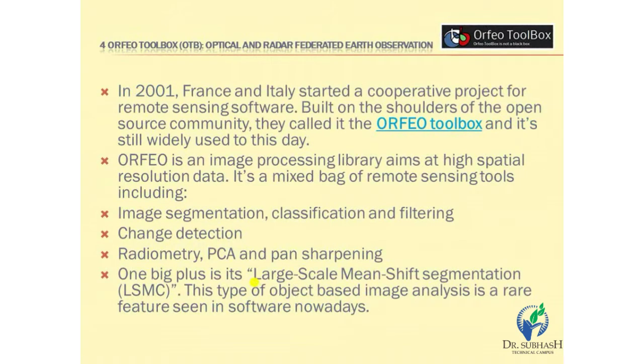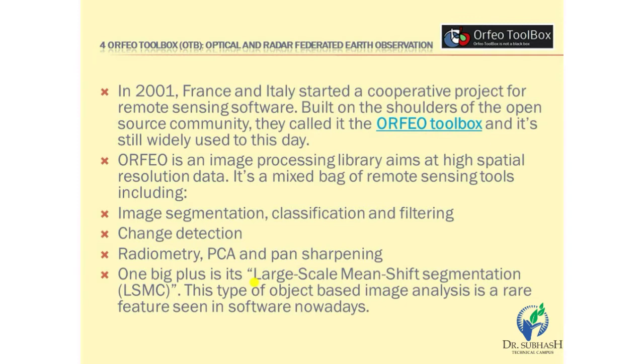Next is the Orfeo Toolbox, OTB, Optical and Radar Federated Earth Observation. That is the full form of Orfeo Toolbox. In 2001, France and Italy started a cooperative project for remote sensing software built on the shoulders of the open source community. They called it Orfeo Toolbox, and it's still widely used to this day.